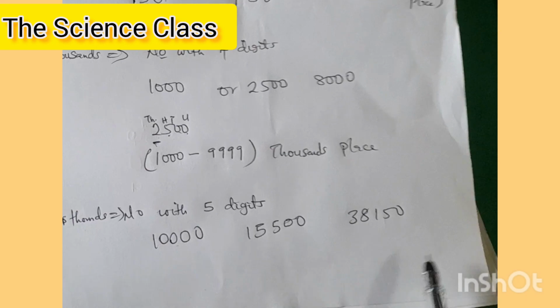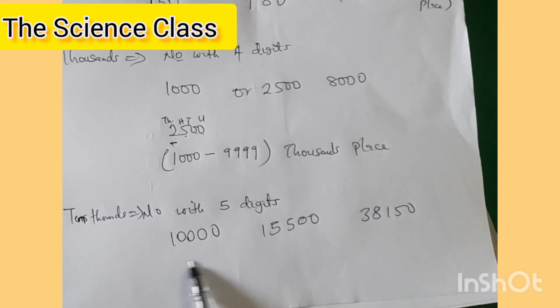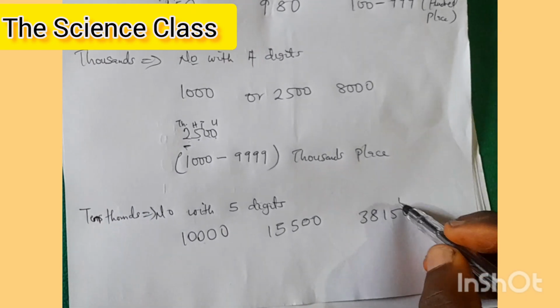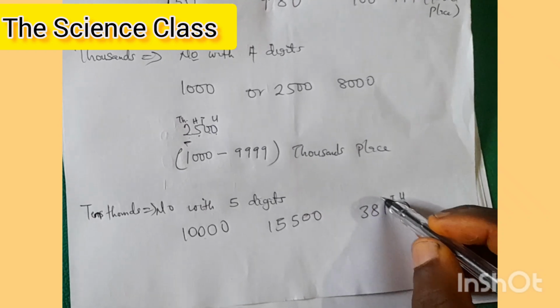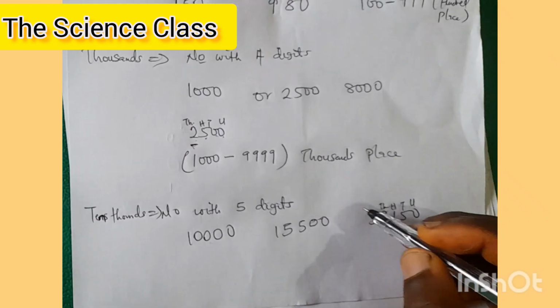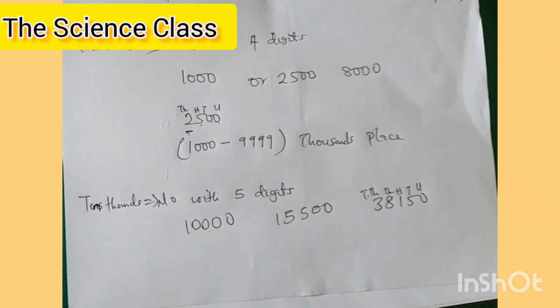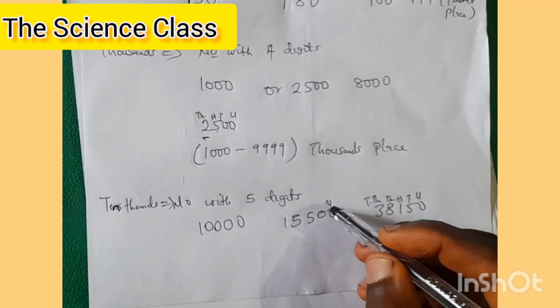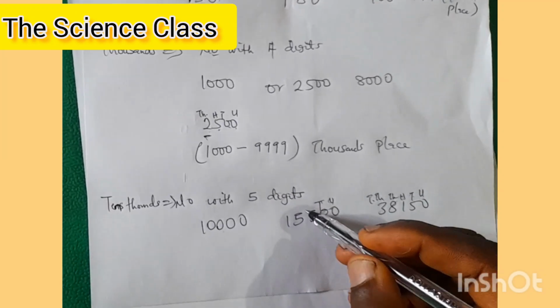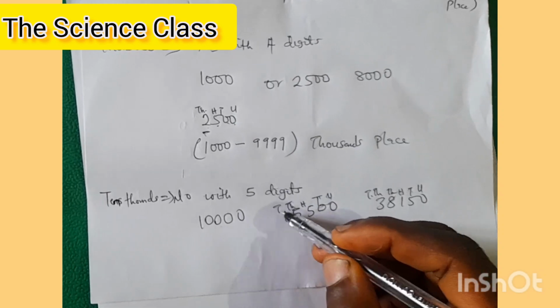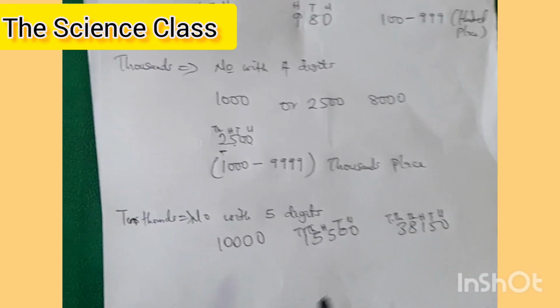You understand? So these are numbers in the 10,000s. This is unit, 10, 100, 1,000, 10,000. All right, this is also unit, tens, 100, 1,000, 10,000. Okay, so that is that.